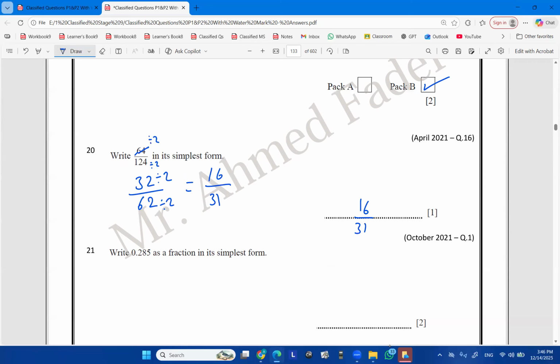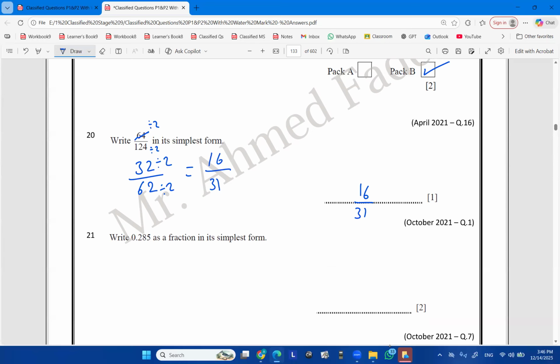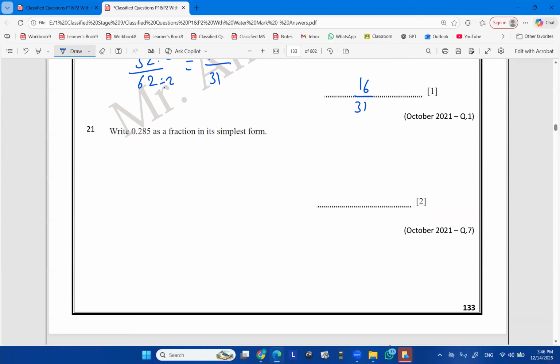If you divided by 4 from the very beginning, you would have got 16 out of 31 in one step. Write this as a fraction in its simplest form. 285 over 1,000. The last digit in the decimal here is in the thousandths place, so it is 285 over 1,000.